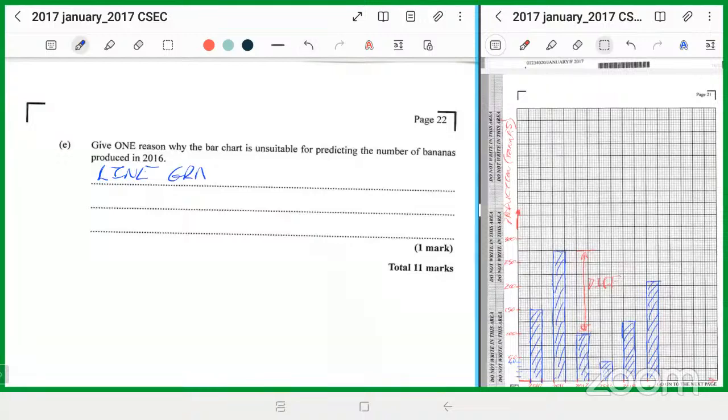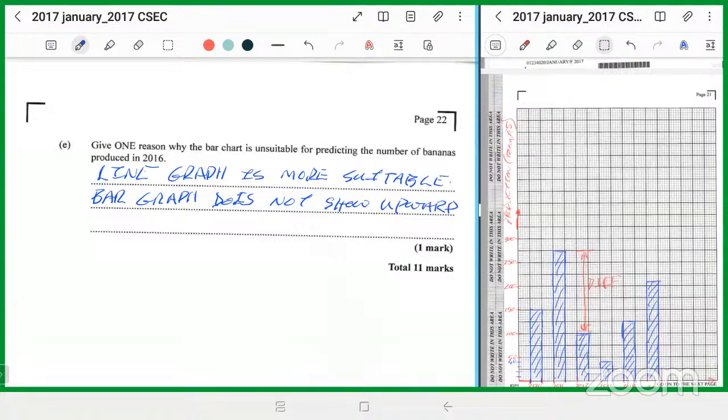So I would say something like: the line graph is more suitable. The bar graph does not show upward and downward trends as clearly as a line graph.